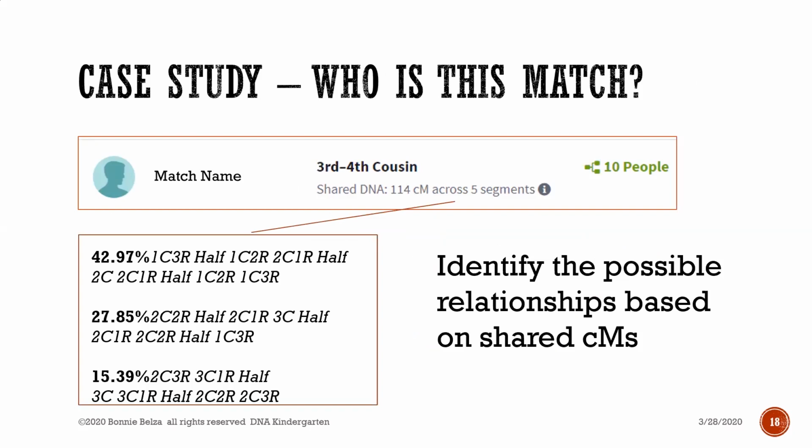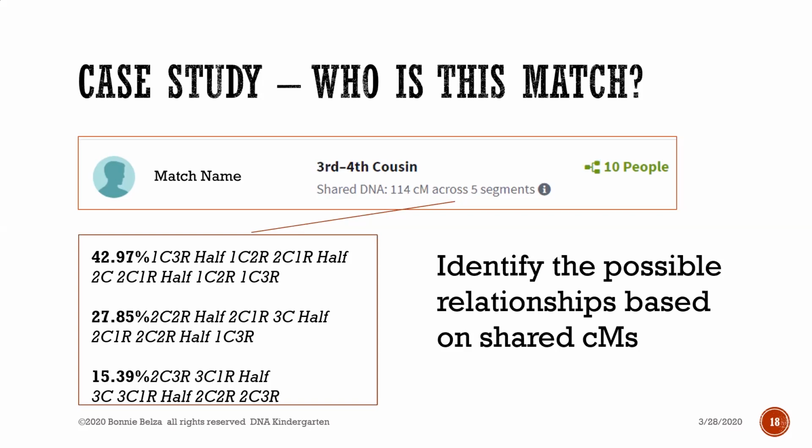The first thing I did was to plug that 114 centimorgans into the shared centimorgan list to come up with all these possible relationships. Wow, that's a lot of things to have to think through. There's a 43% chance, I'm told by this result, that he is a first cousin 3 times removed, a half first cousin twice removed, a second cousin once removed, and so forth.